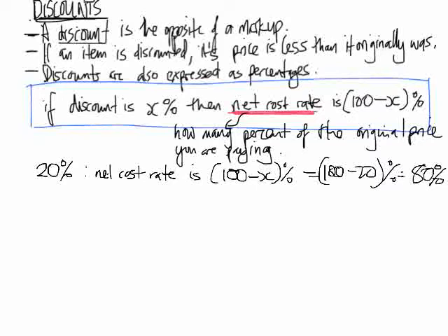You could have done that in your head. That's easy. If you know something's discounted by 20%, how much of the original price are you paying? You're paying 80% of it. 100 take 20 is 80.